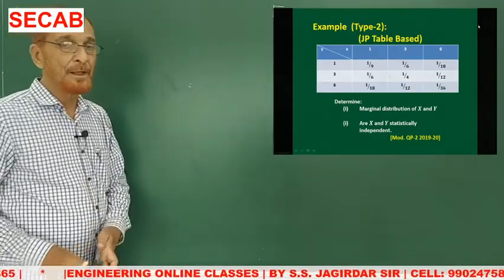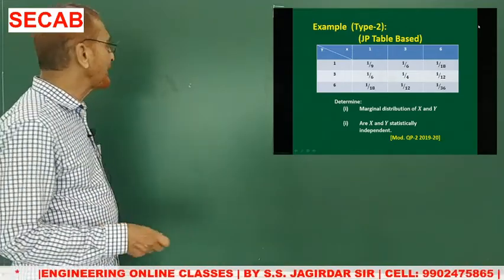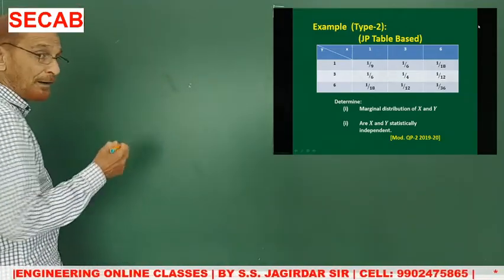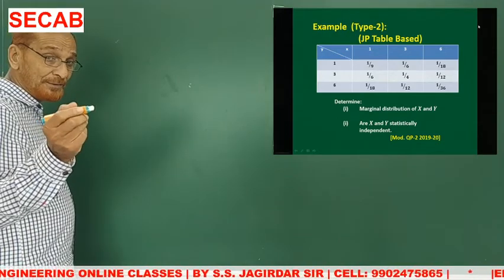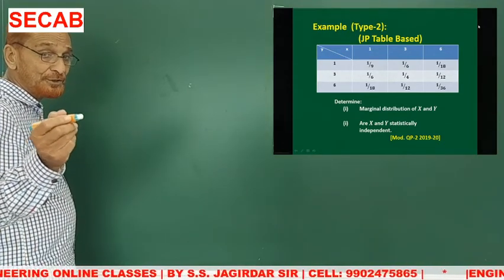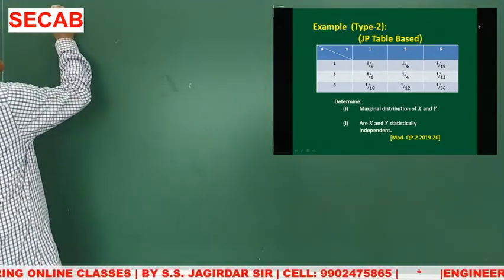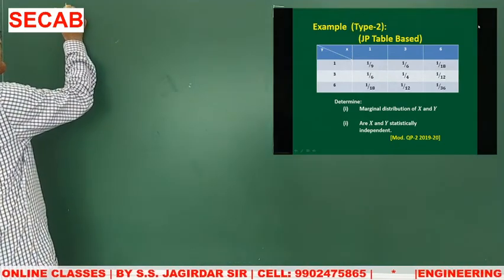Let's begin. First I will prepare the marginal probability distribution table for x.